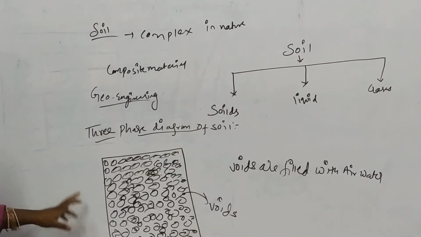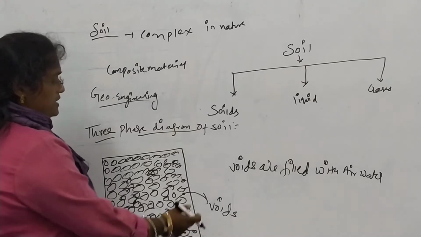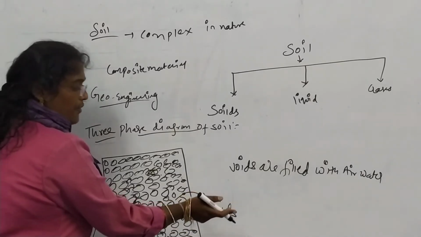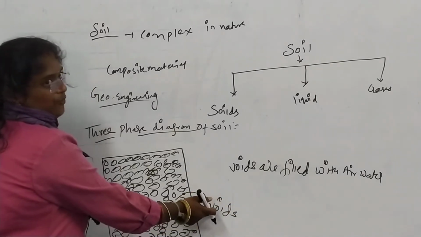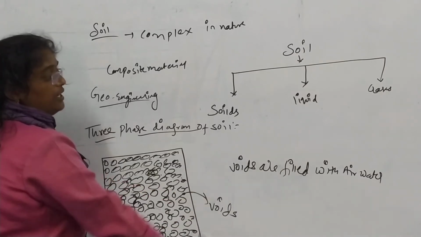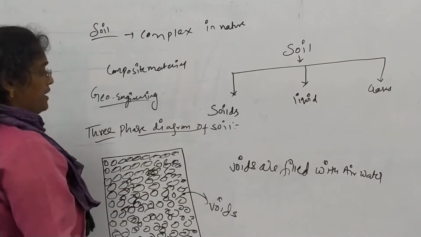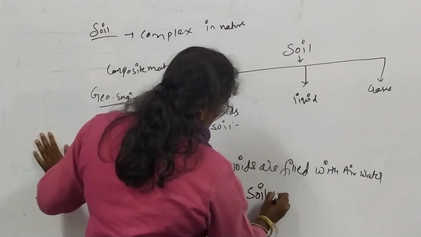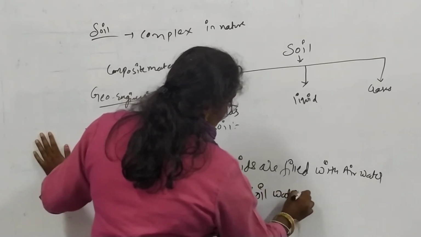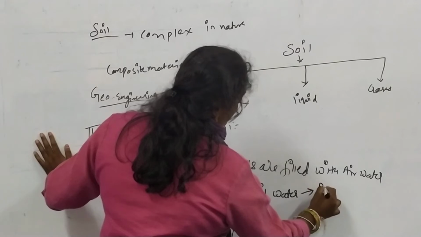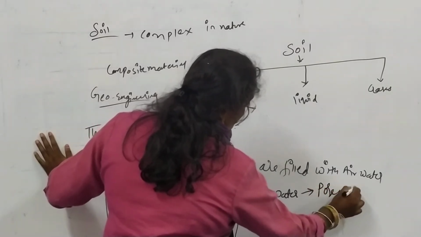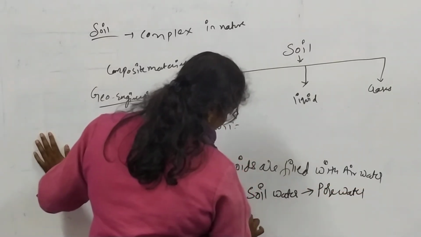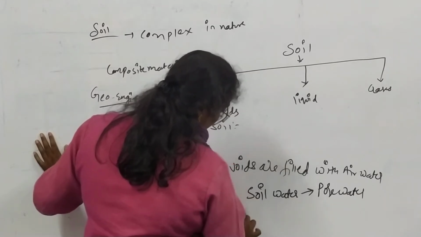I hope you guys have understood. The soil consists of solids and voids. Voids are filled with air and water. Soil water is also known as pore water.